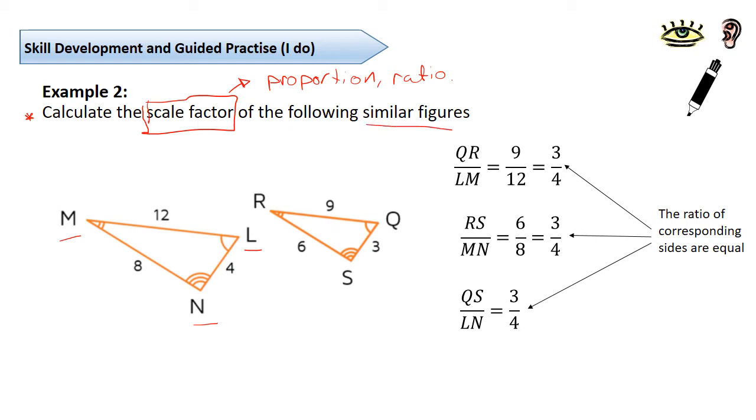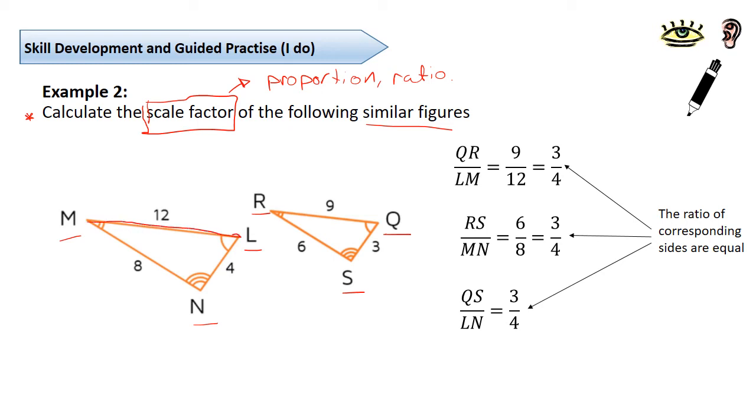So we know that these two triangles are similar, so LMN is similar to Q, R, S. What we're going to do is compare all three sides and see if we get the same ratio, the same scale factor.